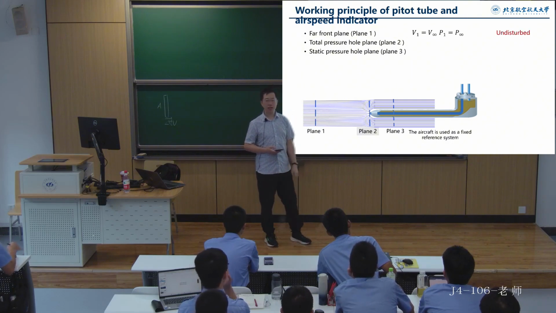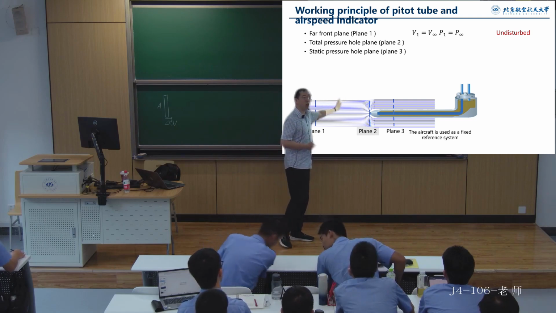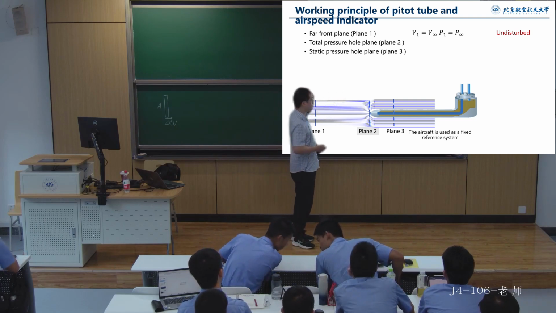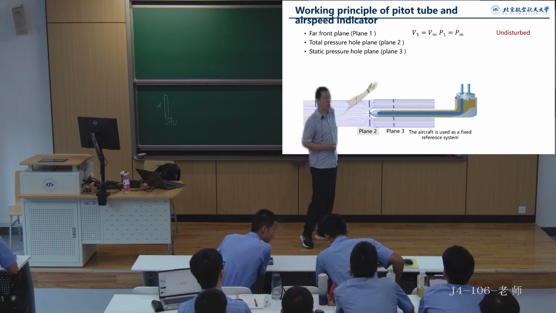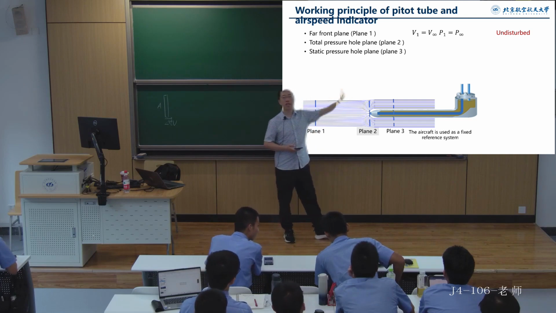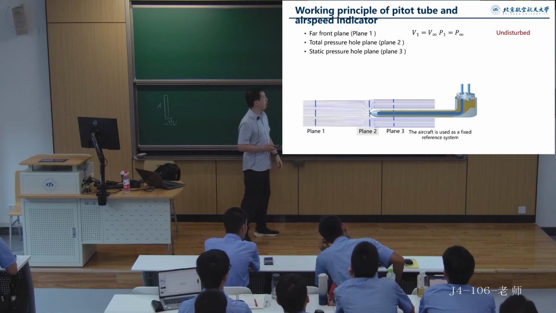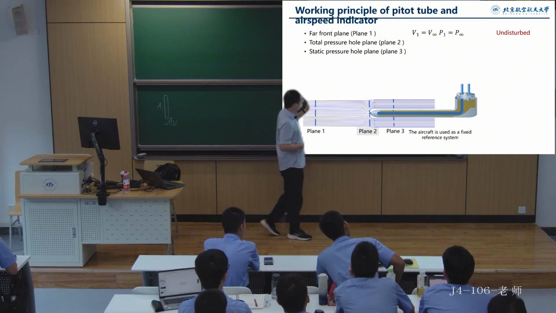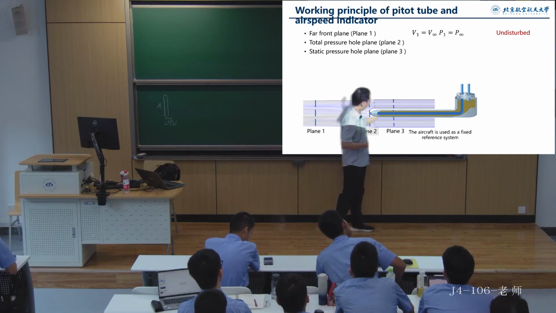So, this is the situation at infinity, where the section is not affected by disturbances. Its speed is the relative speed between the air and the airplane, and its pressure is the undisturbed free stream atmospheric pressure. All right, so when this air continues to push forward, what happens as it approaches the airplane?